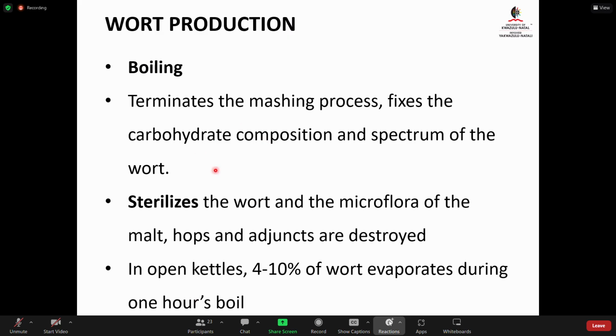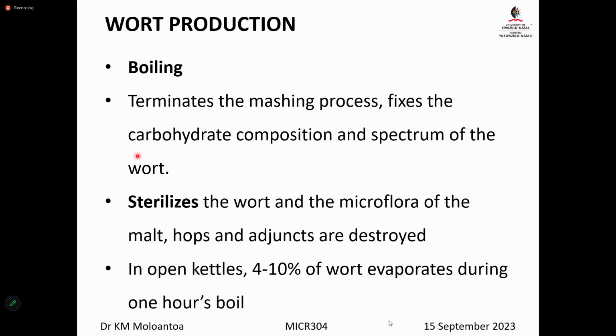And after this particular step of boiling, you can then take your wort and measure how much sugar you do have in your wort. And then you can even estimate how much alcohol can be produced by yeast when you've got that particular wort. And I'll get to that stage and show you guys how we measure or we estimate how much alcohol we can make from the wort that you're going to be making.